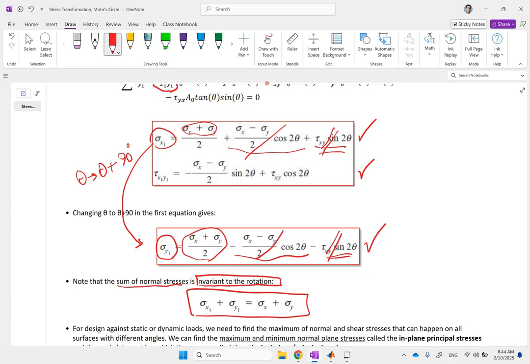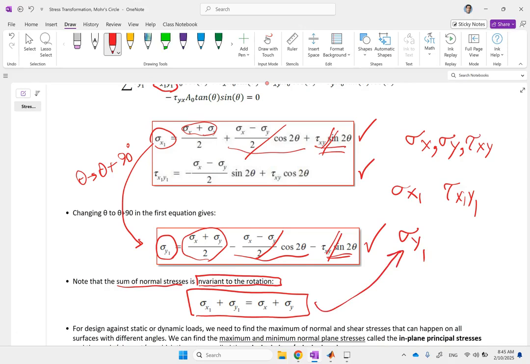So basically, if I give you sigma x and sigma y and tau xy and say find the other three, all I really need to find is the first two. So if I find sigma x1 and tau x1y1, that's all I need. For sigma y1, I'm not going to apply this formula. I just use this one.